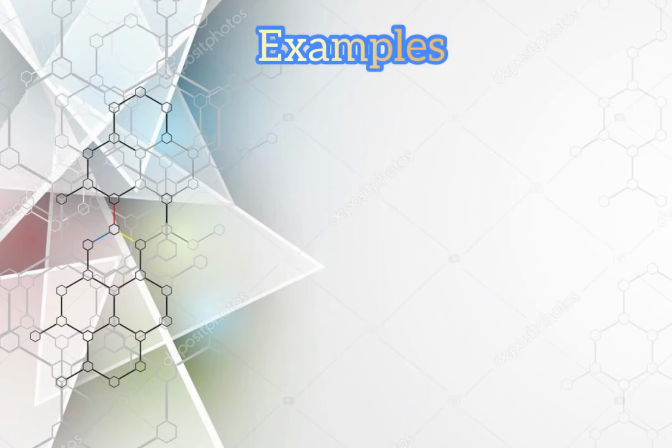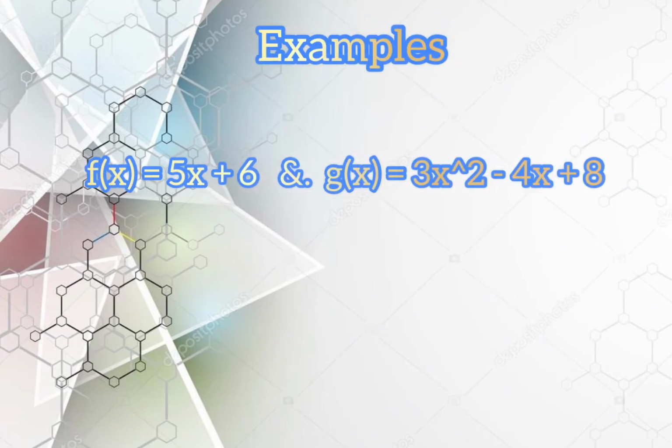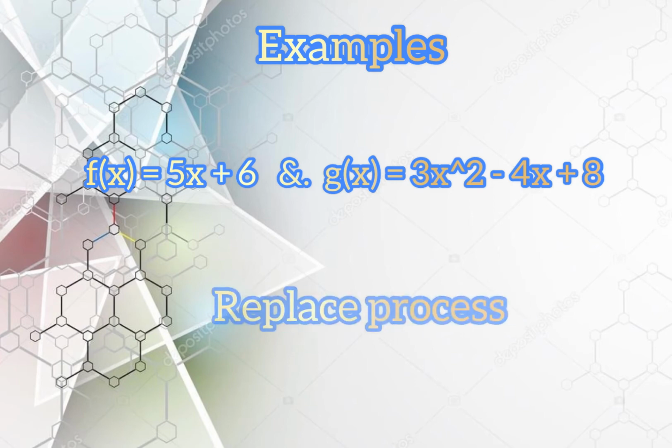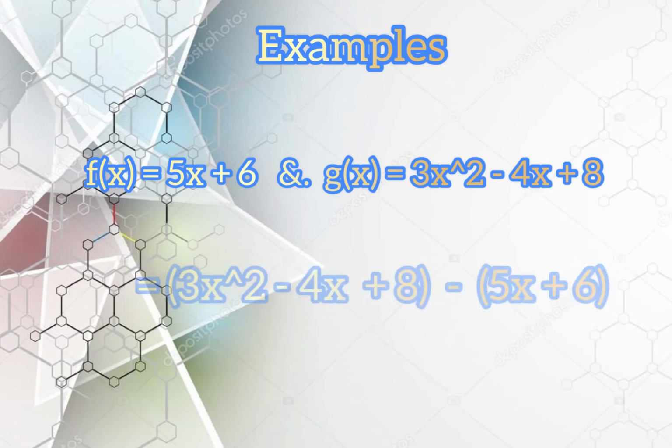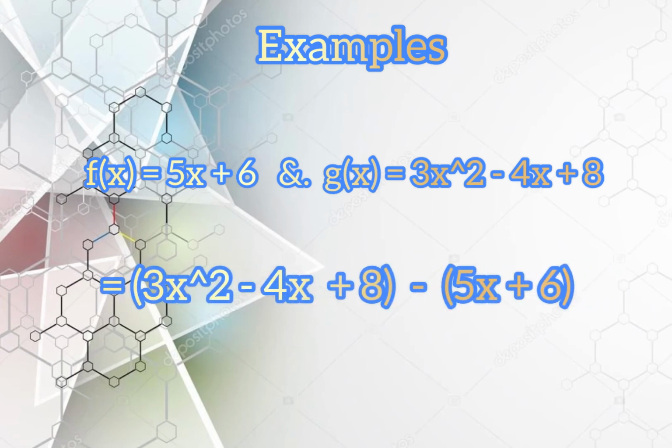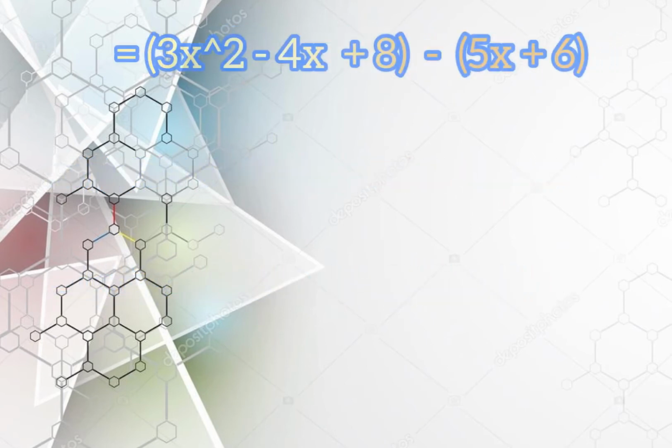Let's do an example. Here we have f of x is equal to 5x plus 6 and g of x is equal to 3x to the second power minus 4x plus 8. So we replace again, and the formula will be parenthesis 3x to the second power minus 4x plus 8 parenthesis minus parenthesis 5x plus 6 parenthesis.